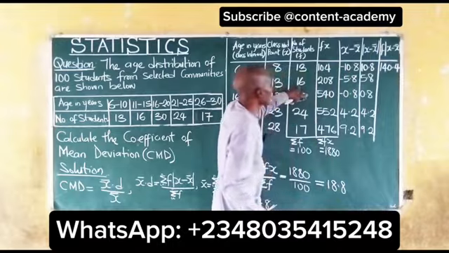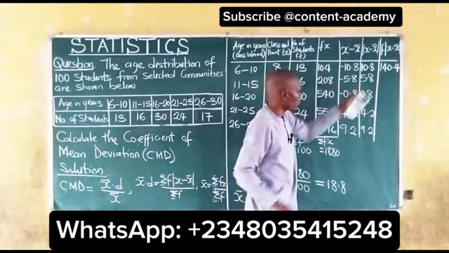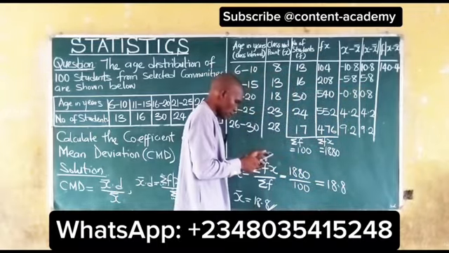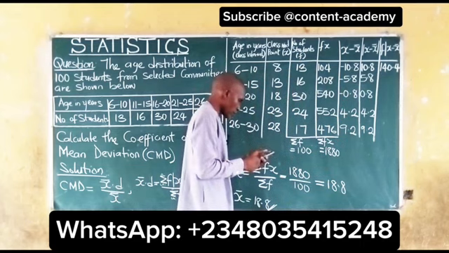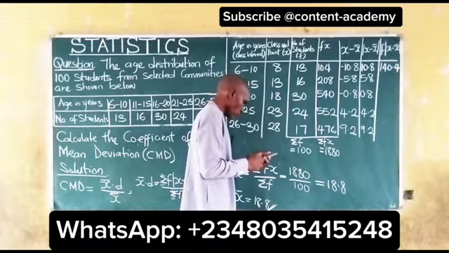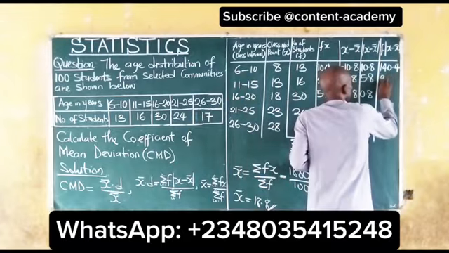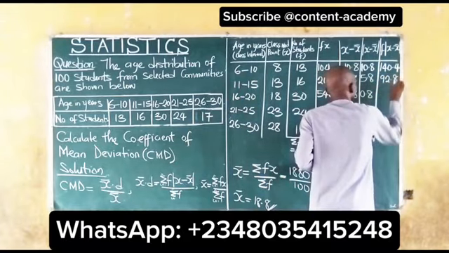Now we have here 16, which is f. 16 multiplied by 5.8, we have 92.8.